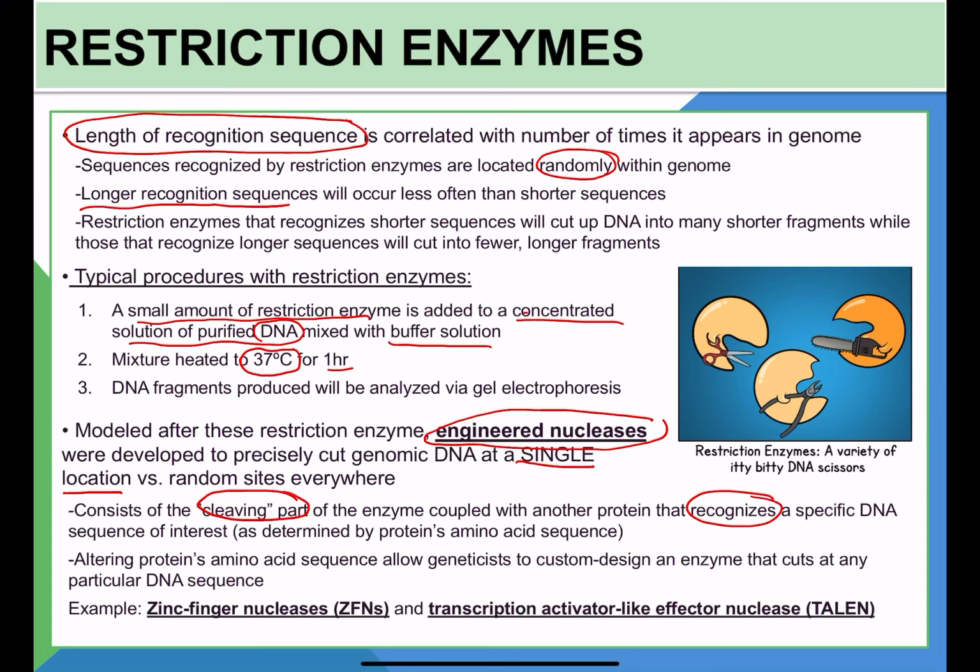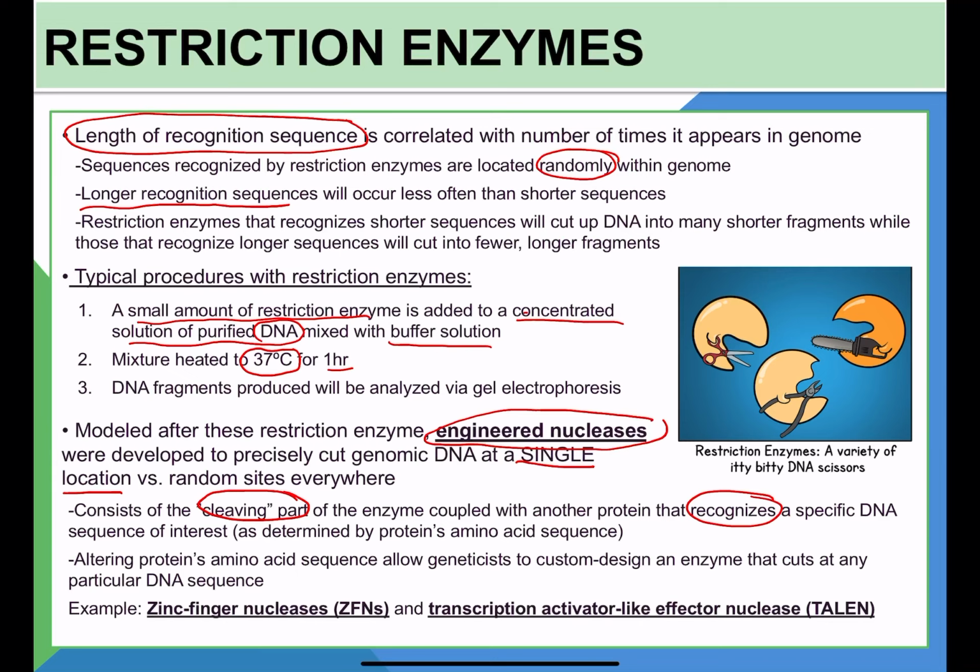Hence, all we need to do is tailor these engineered nucleases to cut at different designed locations and alter that particular amino acid sequence for different recognition purposes. We can essentially make cuts at any specific DNA sequences we want when we're talking about the usage of these engineered nucleases.